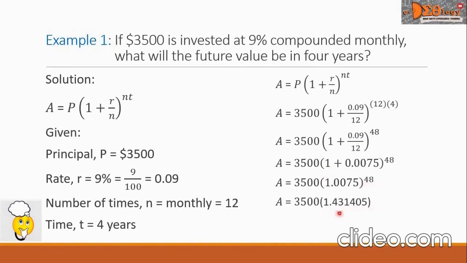We will multiply this decimal by 3,500, and our answer is 5,009.92. This is the A. This is the future value in 4 years. We will not forget our dollar sign, that is our unit of the money, and this is now our final answer.